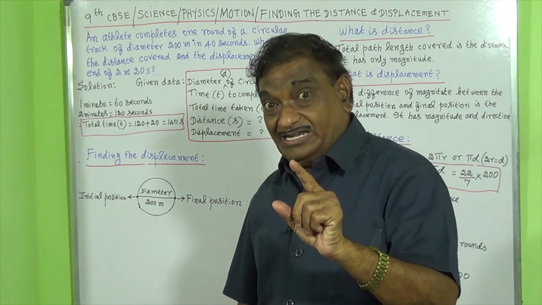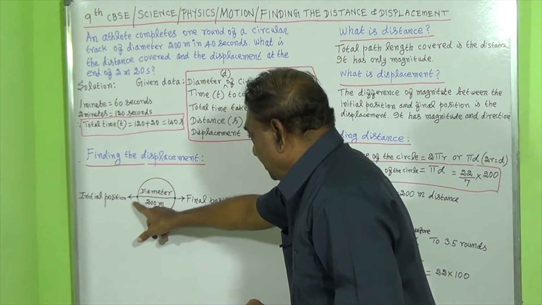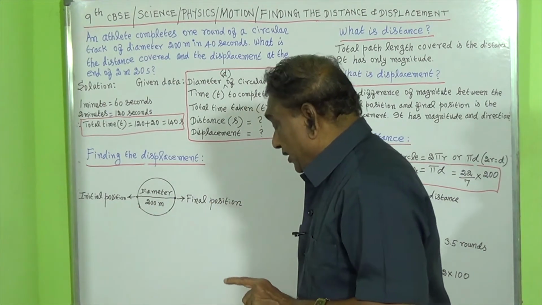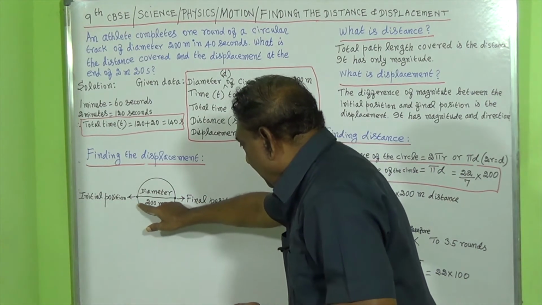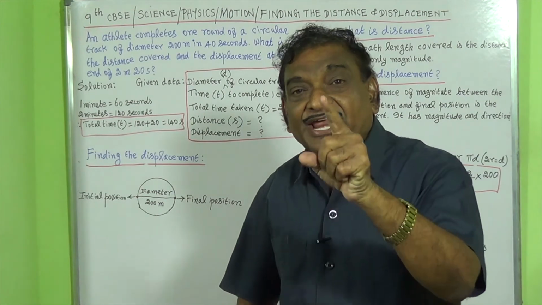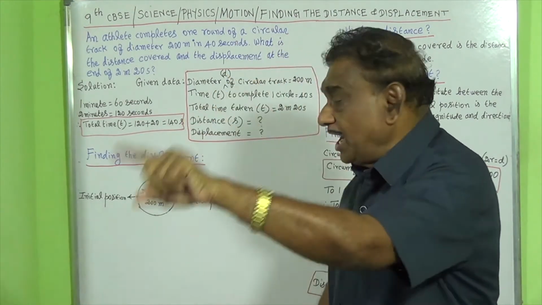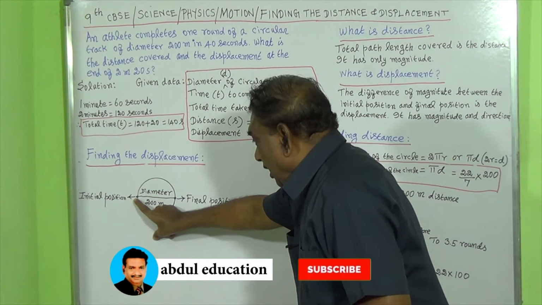The athlete starts from this initial position. He completes one round. When he completes one round, where will he come? He will come to this initial position.